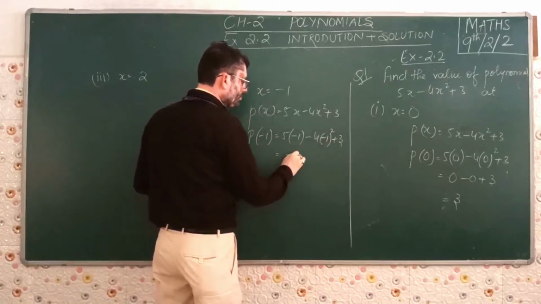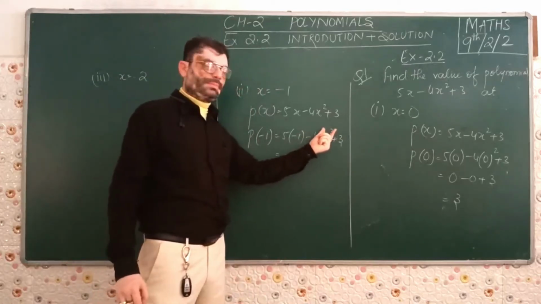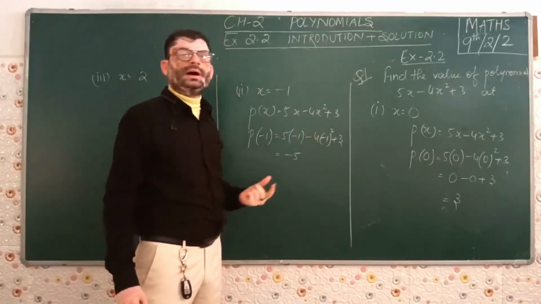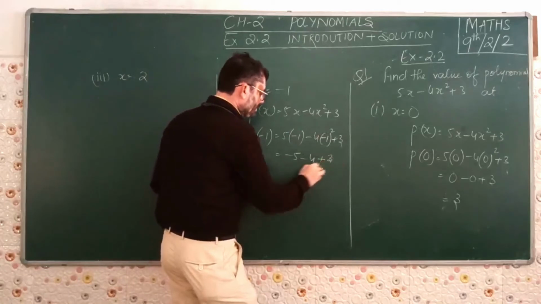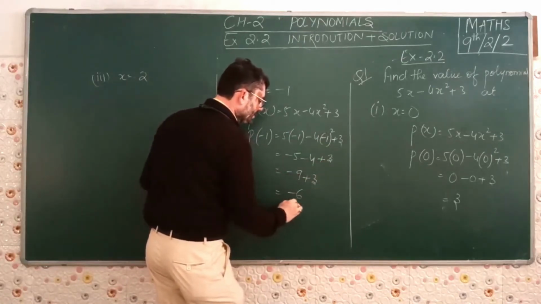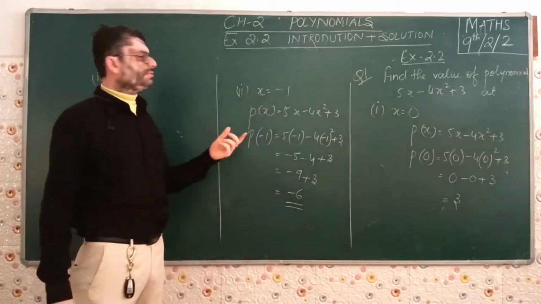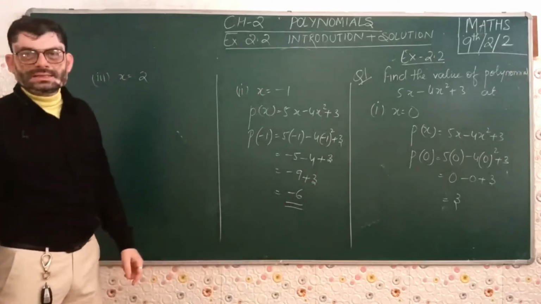So 5 into minus 1 is minus 5. Minus 1 square is plus 1, and plus 1 into minus 4 is minus 4, and then plus 3. So this is minus 9 plus 3, and this is minus 6.